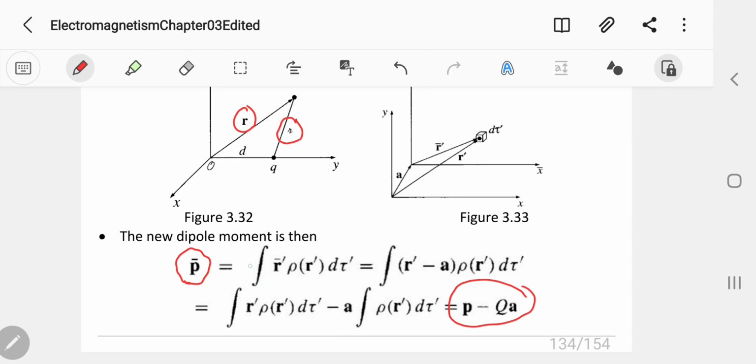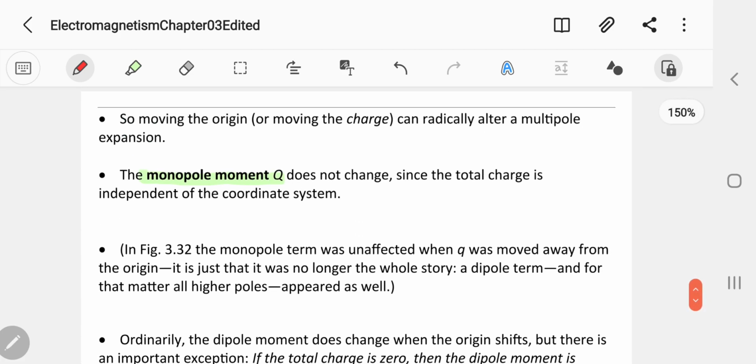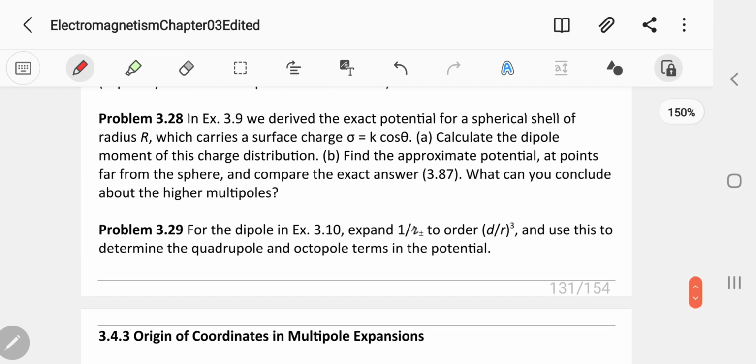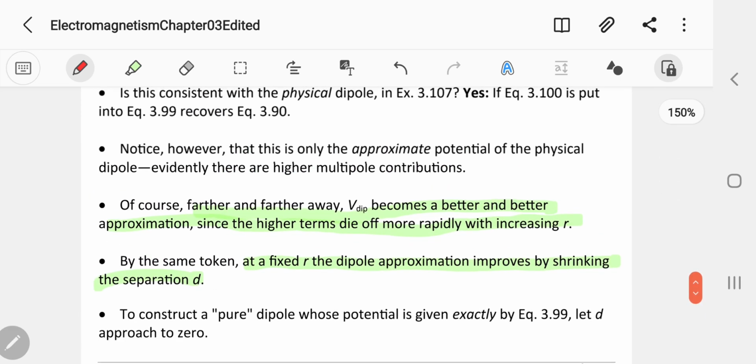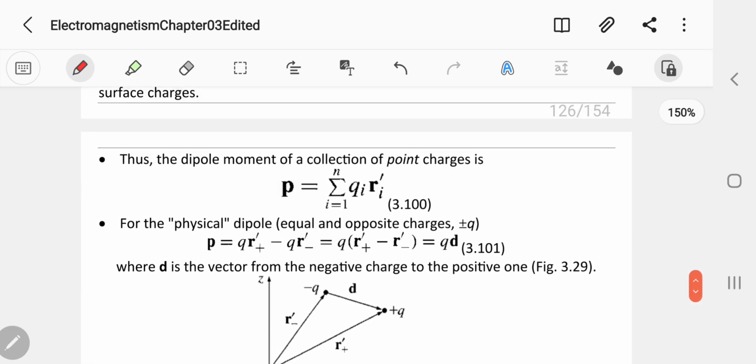You can follow the steps here. So this one would have to change.